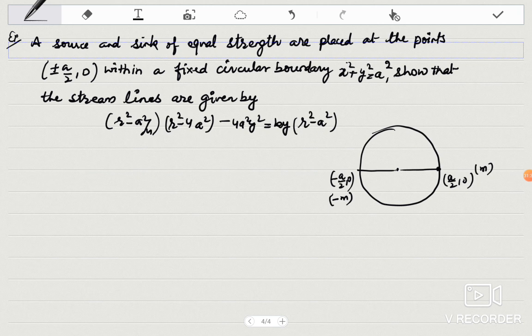Rather, because it is a circular boundary, the circle theorem says that first you find the potential without the circular boundary and then you modify it by adding its complex conjugate.